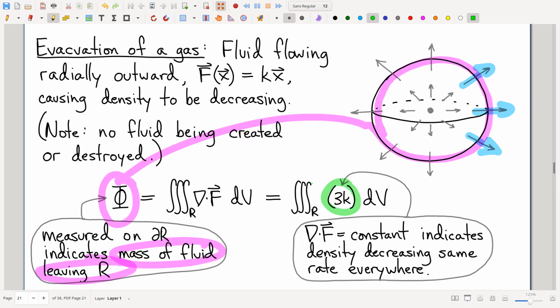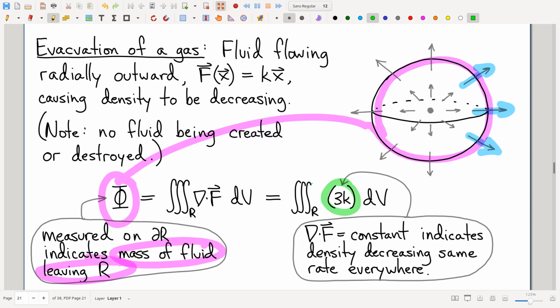Quantity per unit time leaving. Divergence is that per unit volume. Okay, so quantity per unit time per unit volume.